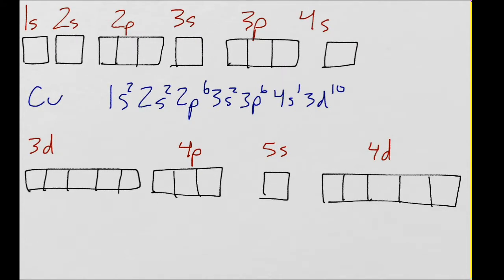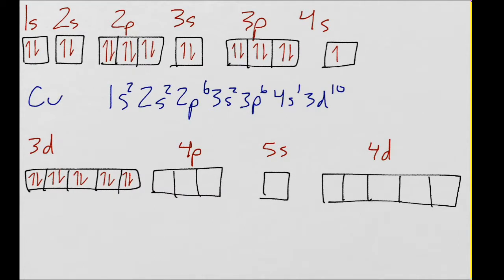So let's fill in copper's electrons here. 1, 2, 3, 4, 5, 6, 7, following Hund's rule. 8, 9, 10, 11, 12, 13, 14, 15, 16, 17, 18, 19, 20, 21, 22, 23, 24, 25, 26, 27, 28, and 29.